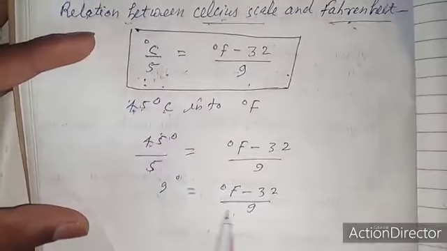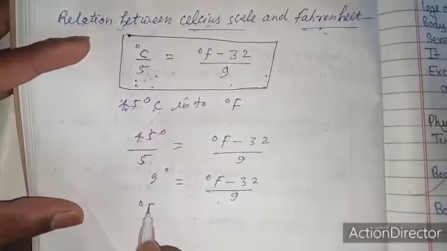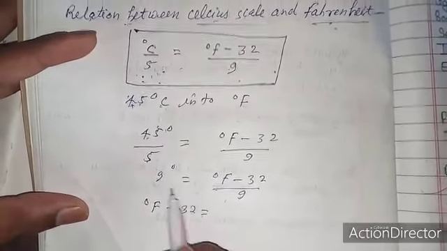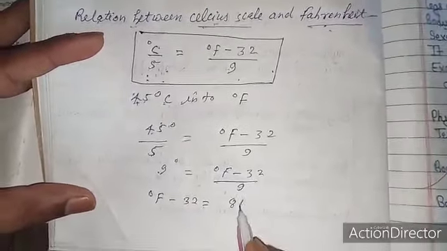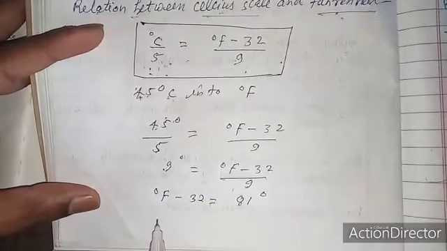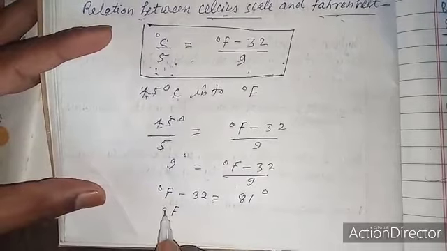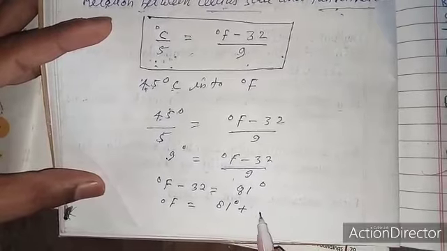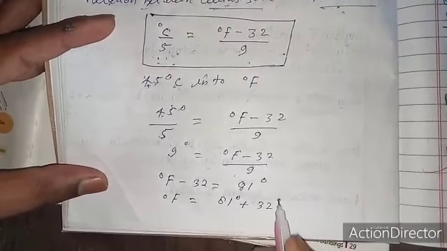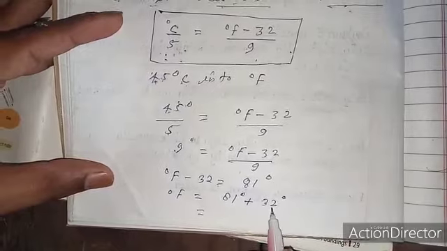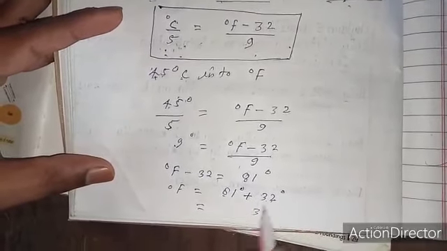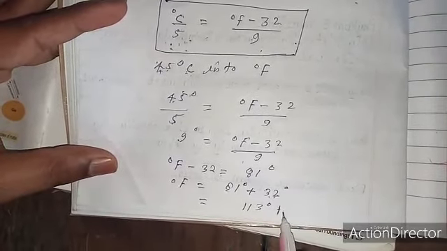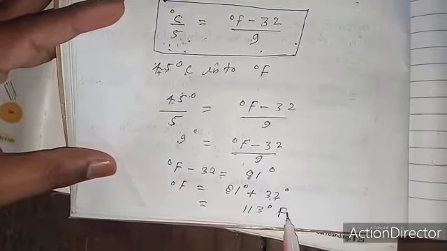Degree Fahrenheit minus 32 is equal to 9 nines are 81. Then degree Fahrenheit is equal to 81 plus 32, that is equal to 113 degree Fahrenheit.